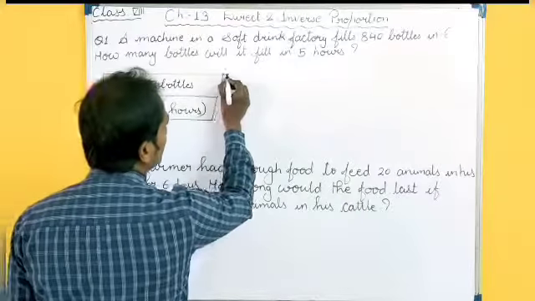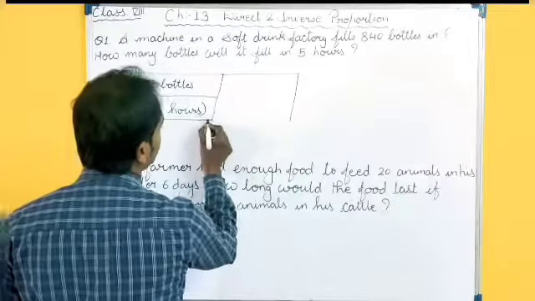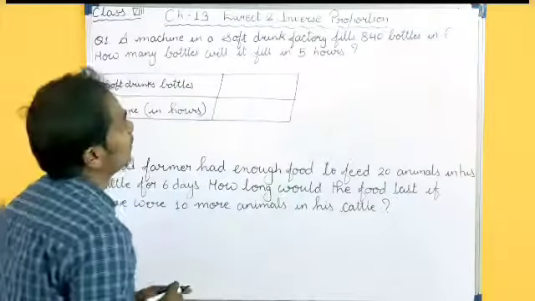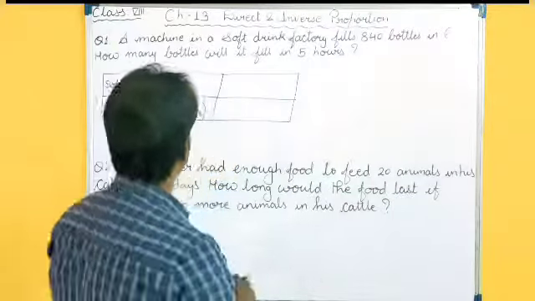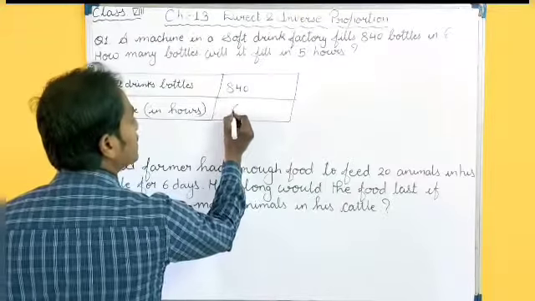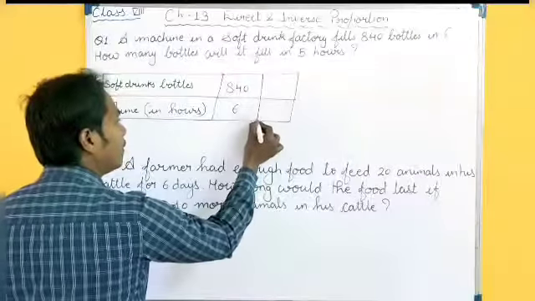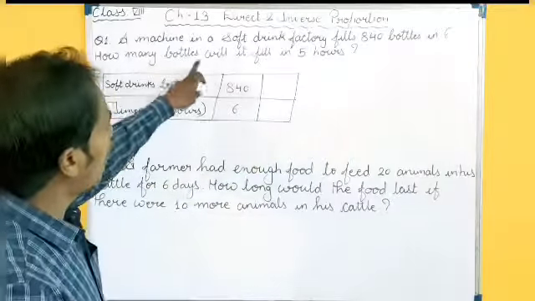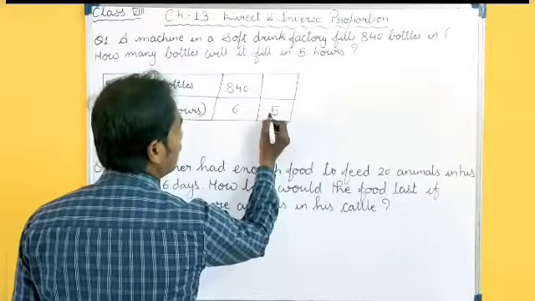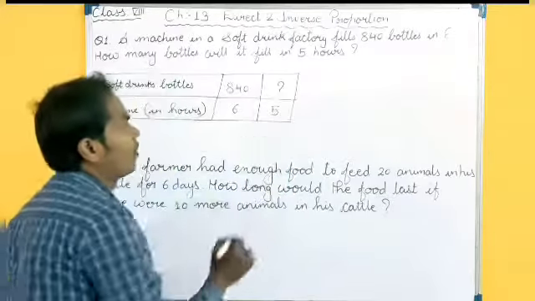Okay, it is given in question it will fill 840 bottles in 6 hours. Okay, how many bottles will it fill in 5 hours? So you have to find the number of bottles.